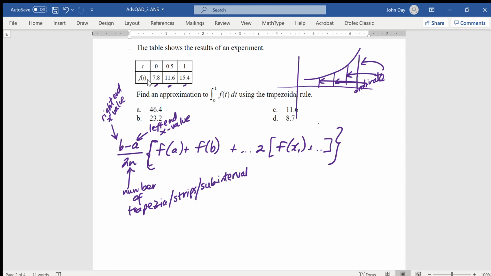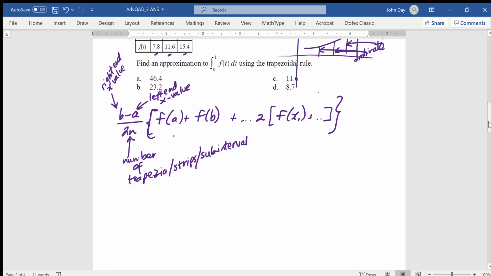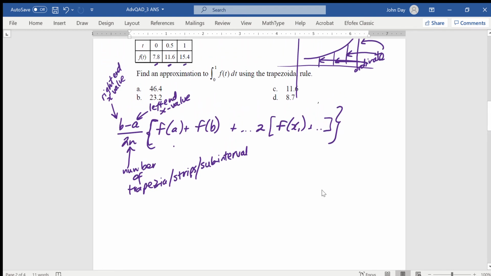So all we need to do in that case is this: the picture doesn't really matter what it looks like, so I'll just draw anything. It's going from 0, and then it's 0.5, and then it's 1. So we can see we've got 2 trapezia created. So b is 1 minus a is 0 on 2 times 2 trapezia.